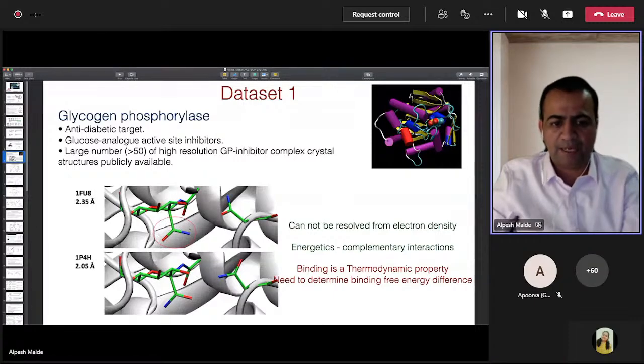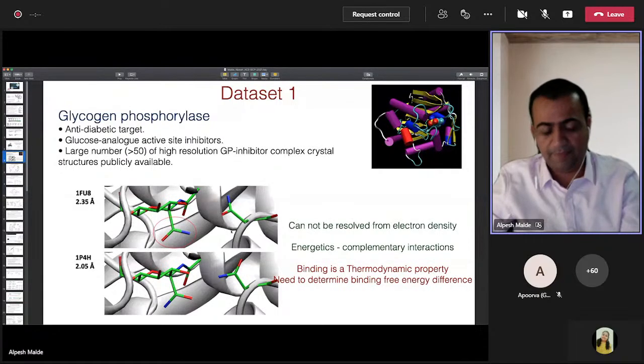But simultaneously, if this amide is in this orientation, we have an asparagine in the binding pocket. Look at its side chain here and here. It gets flipped, okay? Which looks fine. At first you see, all right, these are complementary to each other. But again, out of these two, one has to be correct and the other has to be wrong. We don't know which one.